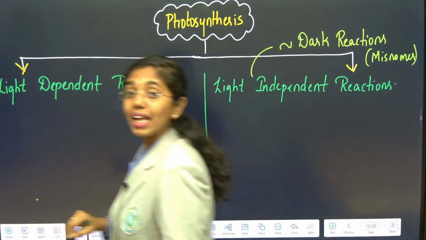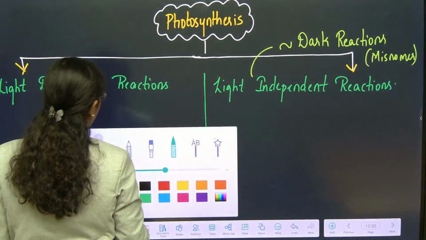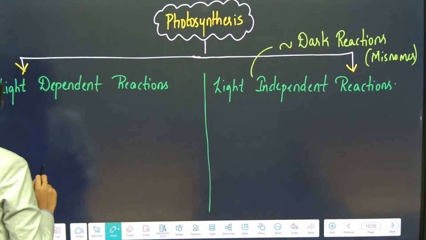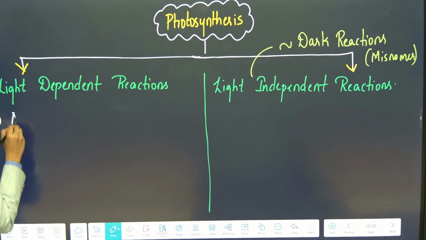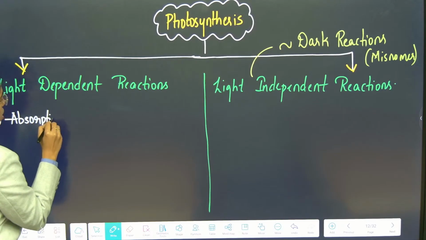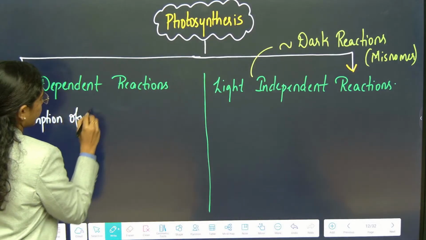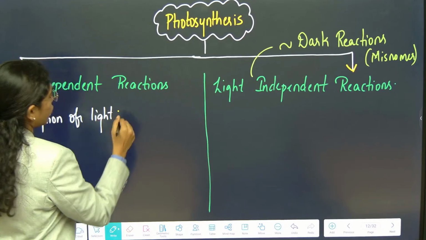Here we go with light dependent reactions. What are the three major events that occur inside the light dependent reactions? First is absorption of light in the form of photons.